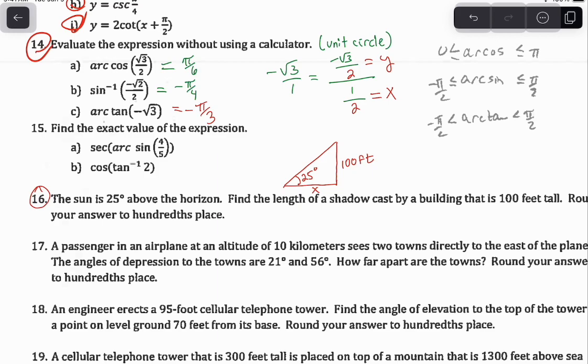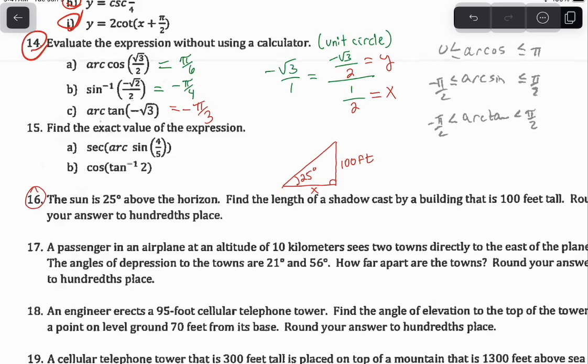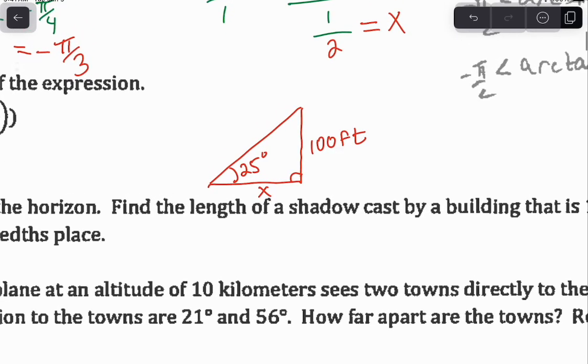And once we have a right triangle, because we're assuming that building is straight up and down from the ground, let's go ahead and label what our sides are. I tell you every time when we are setting up a picture that ends up being a right triangle, always label your sides. So this is our opposite, this is our adjacent.